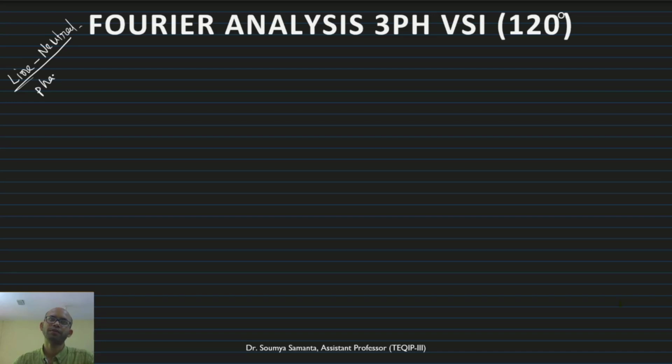This is the phase voltage. So how will it be? Phase voltage is the waveform. If I can draw, suppose this is VRN.